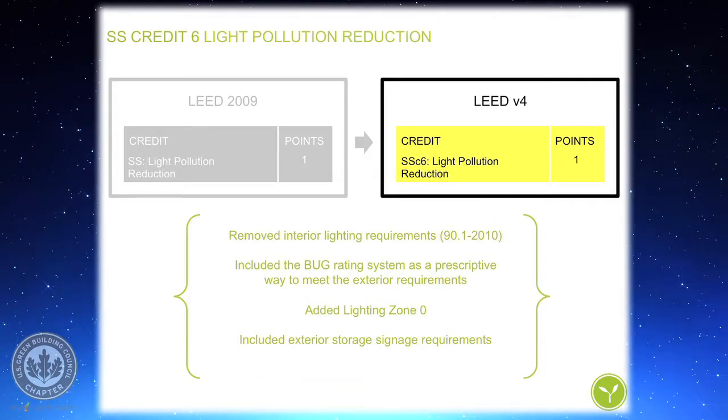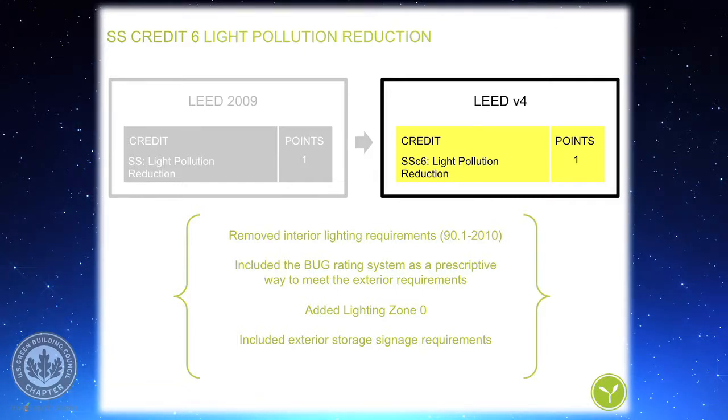So one of the things we've done, since we're now relying on ASHRAE 90.1 2010, which has mandatory requirements for interior lighting that was previously covered here, is take out the interior lighting requirements, and we've added an option that's calculation based using the BUG rating system.